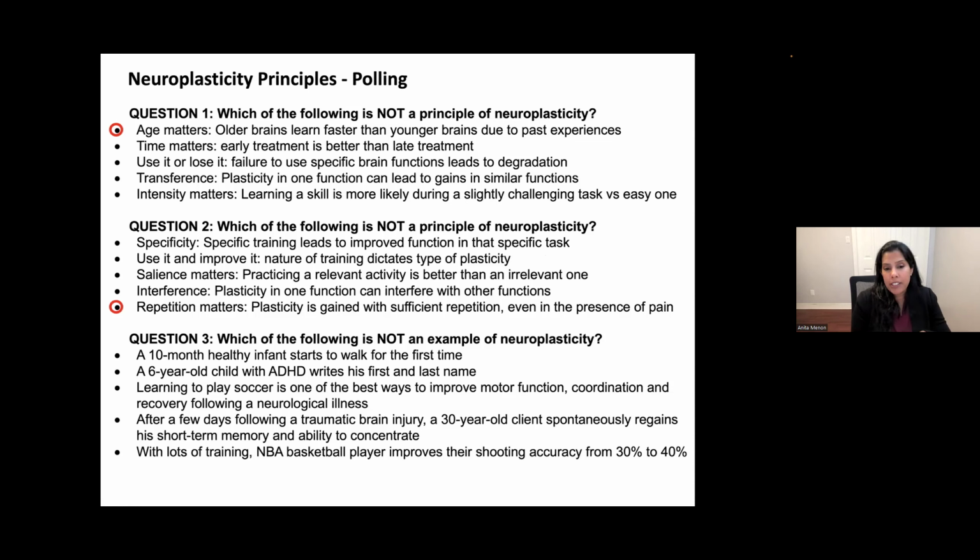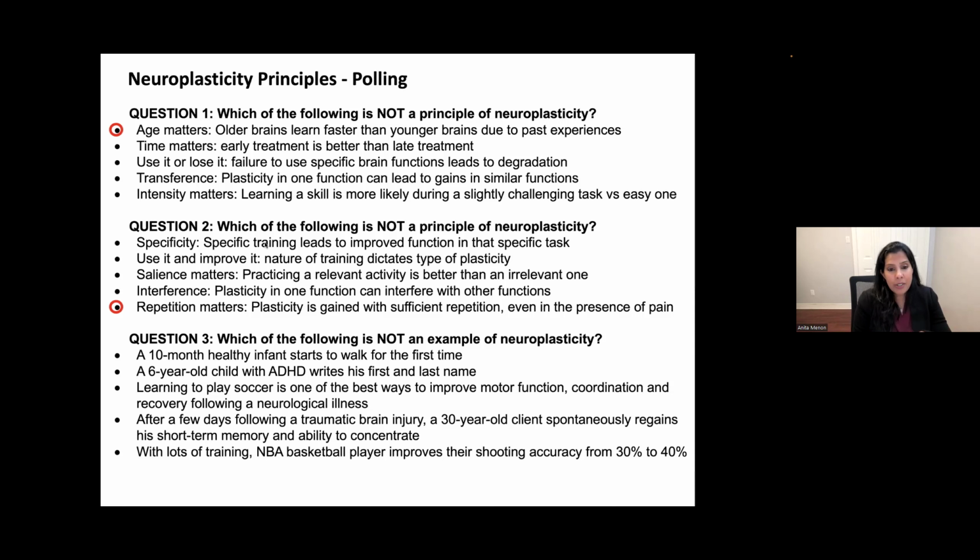Use it and improve it speaks to the fact that whatever type of training you offer the client will dictate the type of plasticity they will have. If you continue to practice a certain type of movement, it will improve with that type of training. You'll see strengthening of those neural pathways.